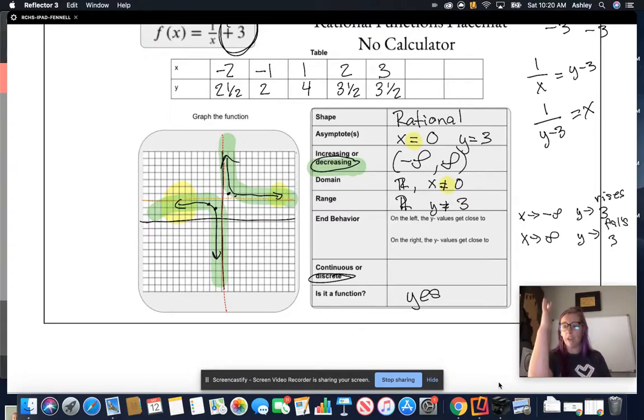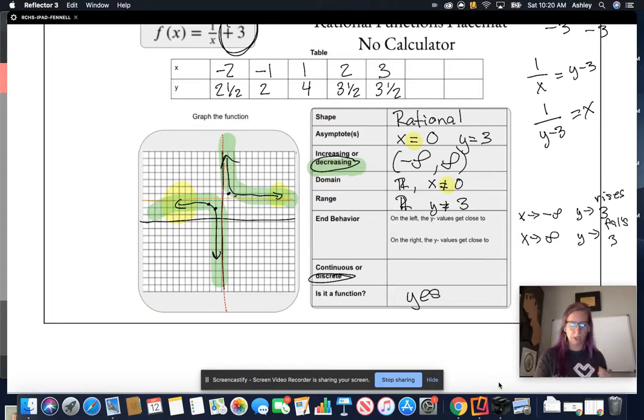So the equation of the asymptote is actually x equals 0, whereas x is not allowed to be 0 is telling you that the function is undefined there. So the equation of the asymptote is what the asymptote equation is, but the function is broken where x equals 0, so x is not allowed to be 0 in the domain. So hopefully that clarifies those two things. Students mix those up a lot.